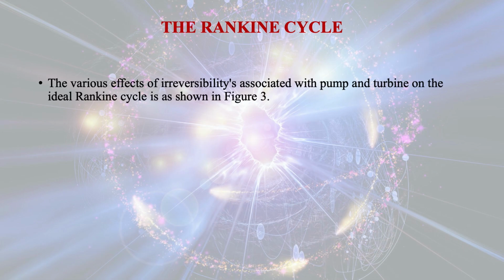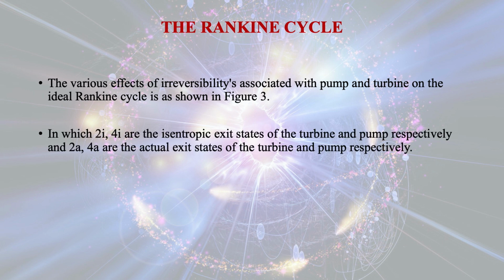The various effects of irreversibilities associated with pump and turbine on the ideal Rankine cycle are shown in figure 3, in which 2I and 4I are the isentropic exit states of the turbine and pump respectively, and 2A and 4A are the actual exit states of the turbine and pump respectively. And why this difference? Because there are irreversibilities in the processes.